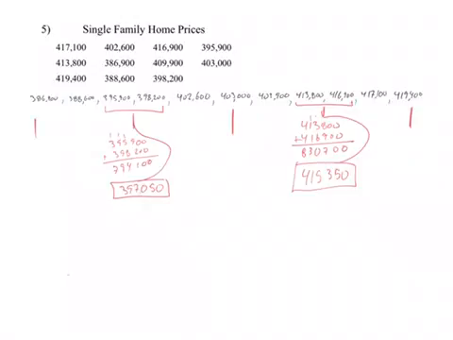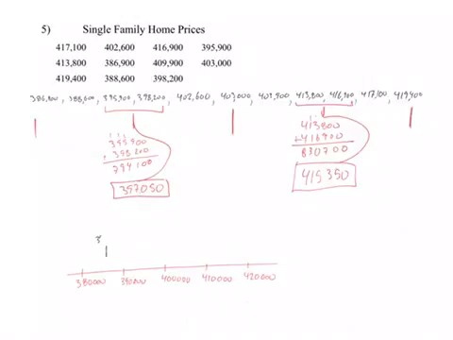So now all I have to do is make a box and whisker plot from this data. So let's see, my lowest one there. I just picked a scale of going by 10,000s, and that should get all these numbers on here. So making a box and whisker plot. Bottom one's at 386. It's going to be about here.